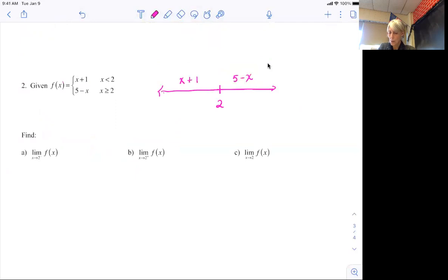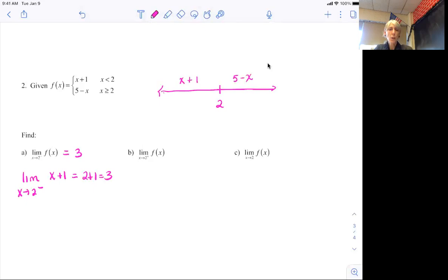The limit as x approaches 2 from the left: 2 plus 1 is 3. That's my left limit.